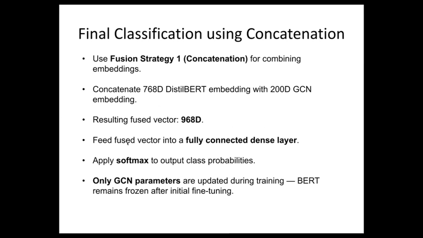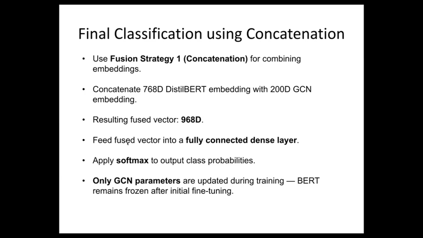For final classification, we use fusion strategy one, that is concatenation, as it gave the best results in our experiments. After fusion, we concatenated the 768-dimensional DistilBERT embedding with the 200-dimensional GCN embedding to get a 968-dimensional vector. This combined embedding is passed through a fully connected dense layer followed by a softmax layer to predict the document class.